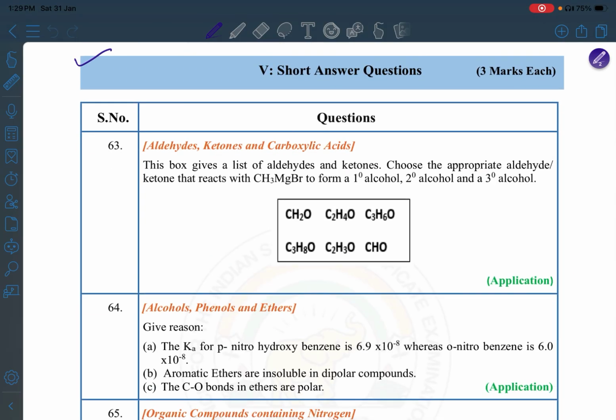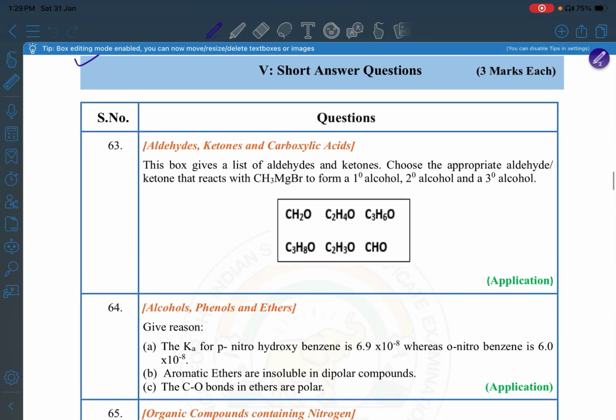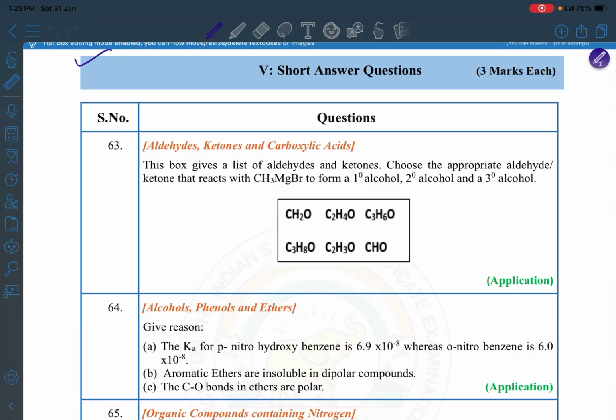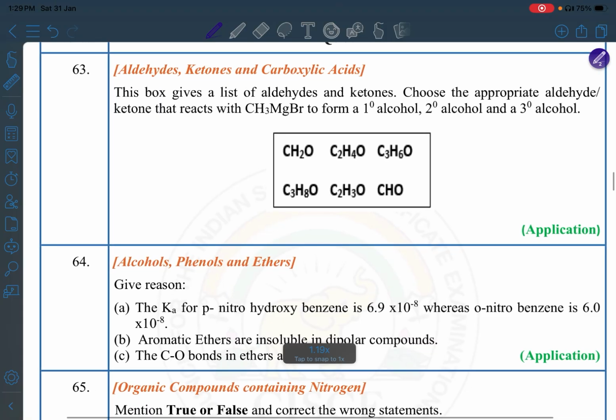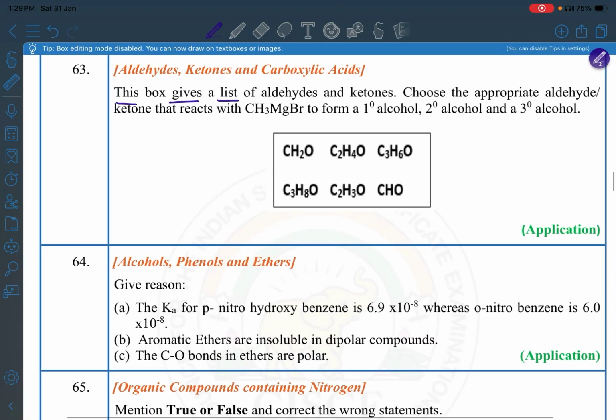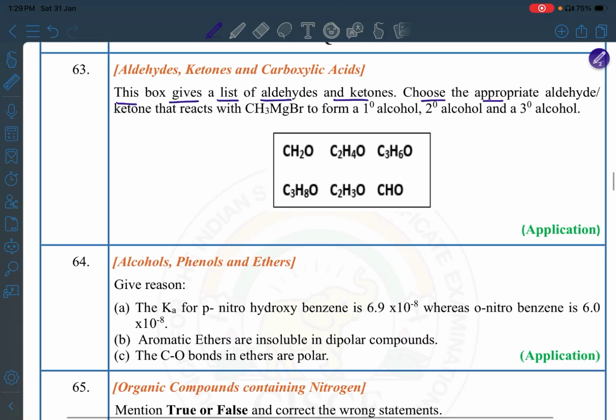Okay, so the next question is a short answer type question, and the very first question is from aldehyde, ketone and carboxylic acid. This gives a list of aldehydes and ketones. Choose the appropriate aldehyde or ketone that reacts with CH3MgBr, which is a Grignard reagent, to form 1 degree alcohol, 2 degree alcohol, and 3 degree alcohol.